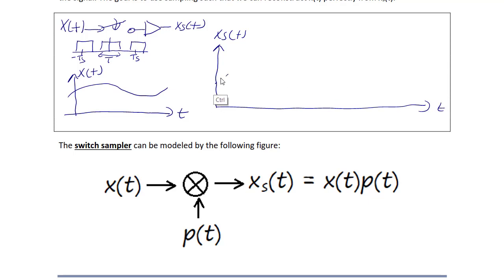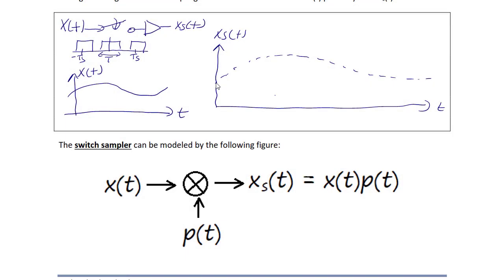It's a signal where this is the envelope for the original signal, and when the switch is closed, it copies the signal, and then when the switch is open, it's 0, and when the switch closes again, it copies the signal, and then when the switch opens, it's 0, and so on. So the width would be T, and it repeats every Ts seconds.